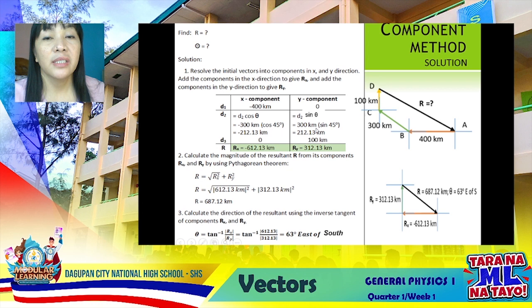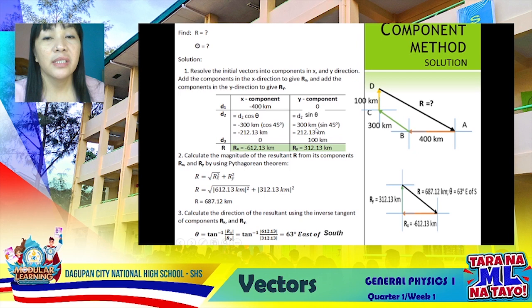And D sub 3 is 100 kilometers. The x component of D sub 3 is equal to 0. Why? Because the vector is at the y-axis only. So the y component is positive 100 because the arrow is pointing upward, so it's northward. So therefore, the y here is positive.